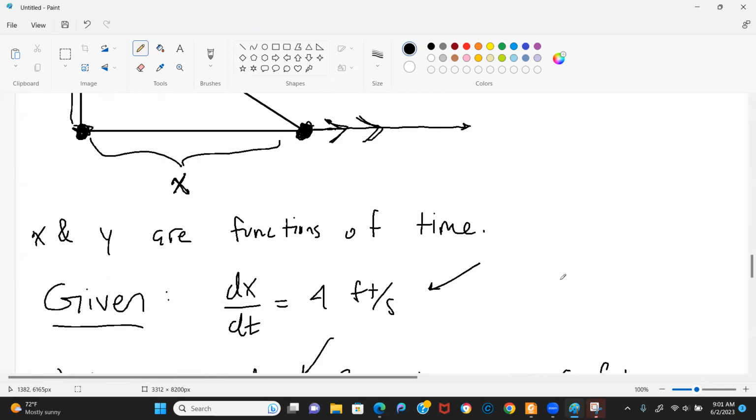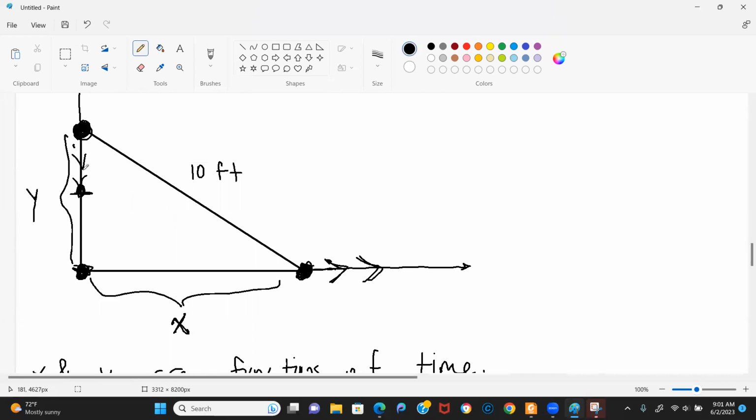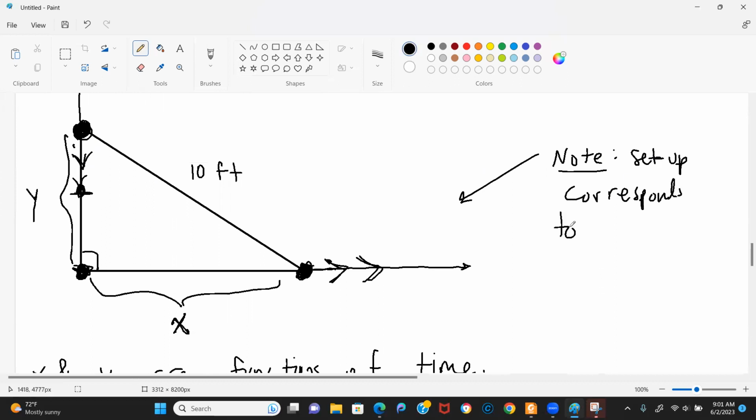Let's go back to the drawing. What is this drawing right here? It's a triangle, right? In fact, it's a right triangle. This setup corresponds to a right triangle, so we know the relationship between x and y.